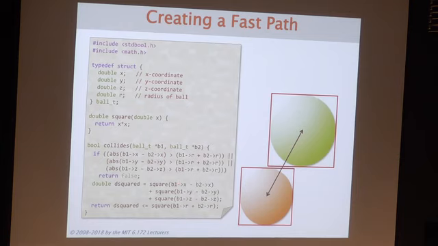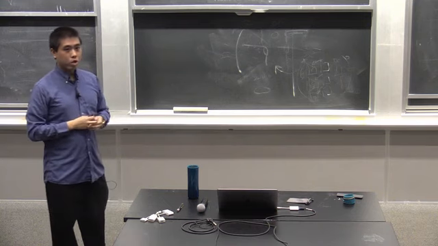Here, we're just doing subtractions, additions, and comparisons. And below, we're using the square operator, which requires a multiplication. And multiplications are usually more expensive than additions on modern machines. So ideally, if we don't need to do the multiplication, we can avoid it by going through our fast path.